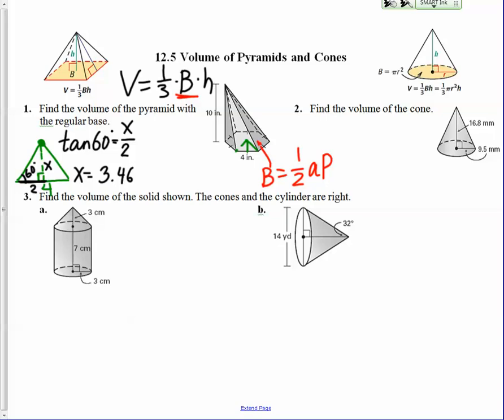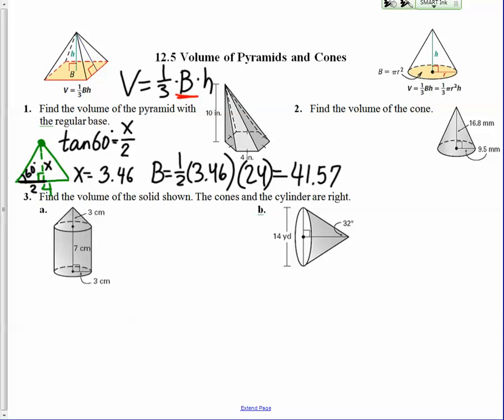Now I will be able to calculate the base. So the base is going to be 1/2 times apothem, which is 3.46, times the perimeter, 6 times 4. Remember, it was 24. Let me erase this. It's going to give me 41.57.